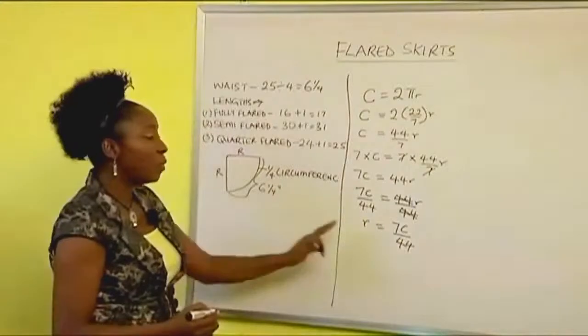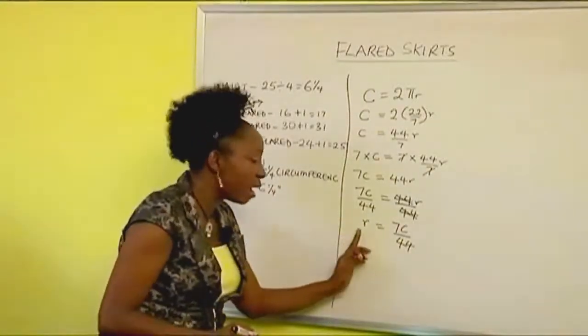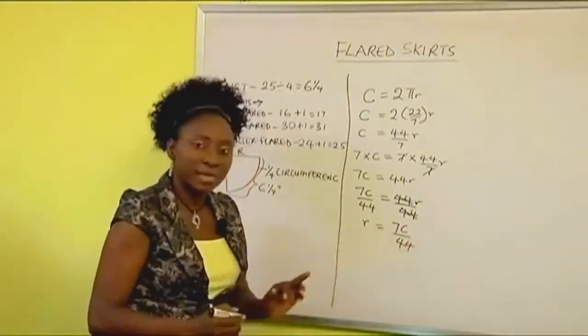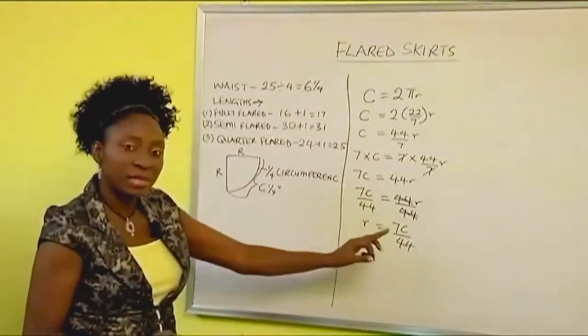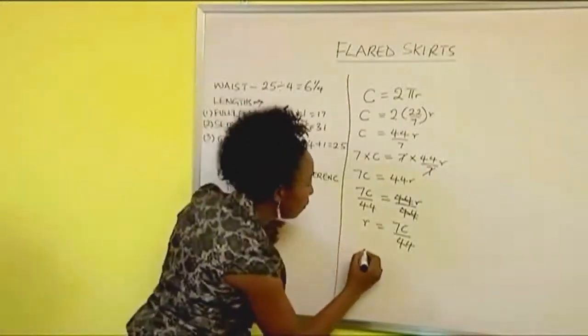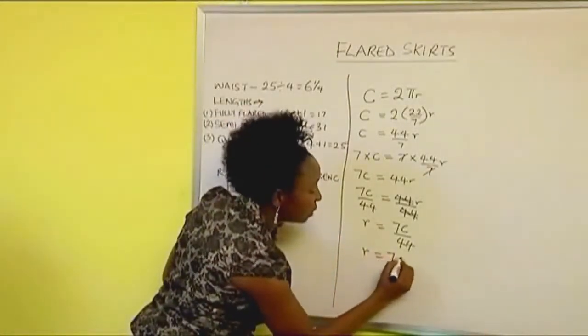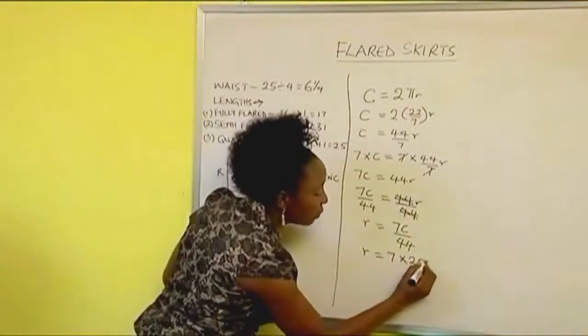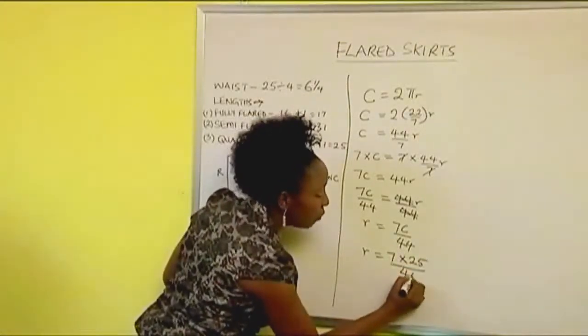Easy. Now we already know that this is r, and I know my C. So all I have to do is substitute C with my measurement, which is 25 inches. So that will give me r equals 7 times 25 divided by 44.